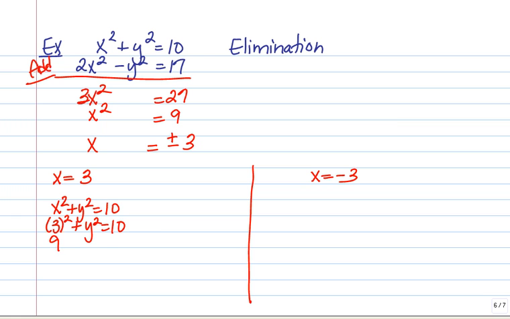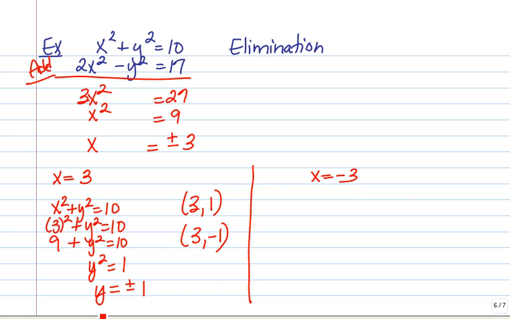So 9 plus y squared is equal to 10. We can subtract 9 to get y squared equals 1. And again, we have to apply the square root property. So y would be plus or minus the square root of 1, which is just plus or minus 1. So when x is 3, there's two y values at work. So what that means is there's really two solutions from this, either 3, 1 or 3, negative 1.